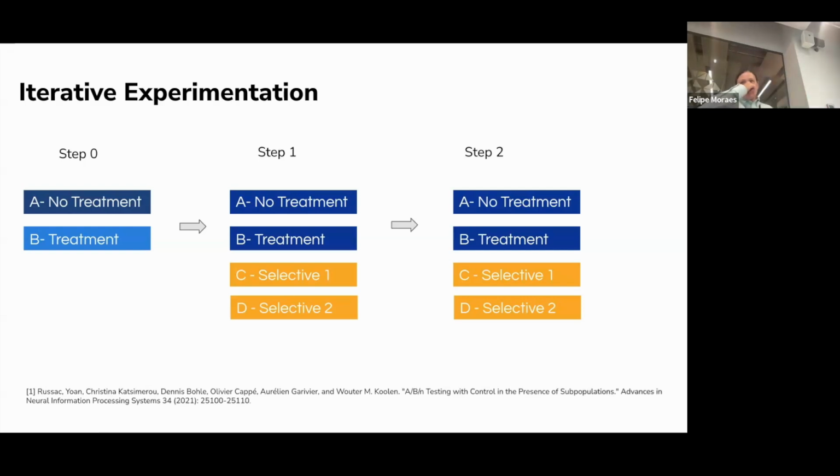So our colleagues at Booking also addressed that, and this paper was published 2 years ago at NeurIPS, and they were addressing the problem of how to make that decision quicker, which variant is better.